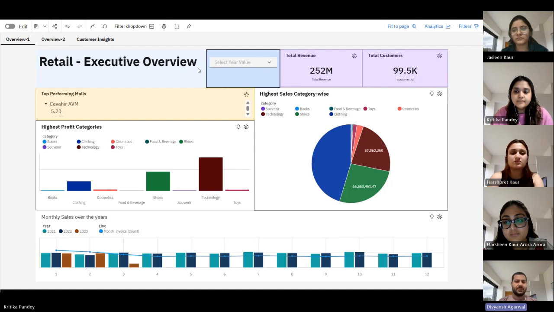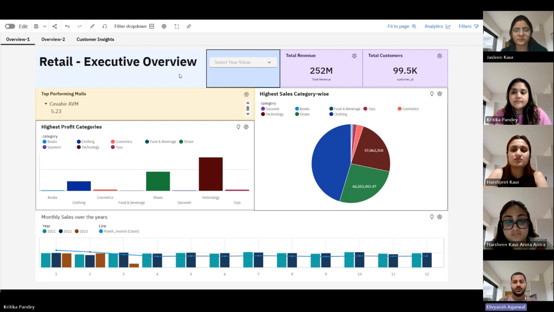So it's like an evergreen business if we talk about the numbers. And again, as we can see, malls are also one of the biggest contributors to the revenue, where Mall of Istanbul and Kevahir are the top malls for revenue contribution.